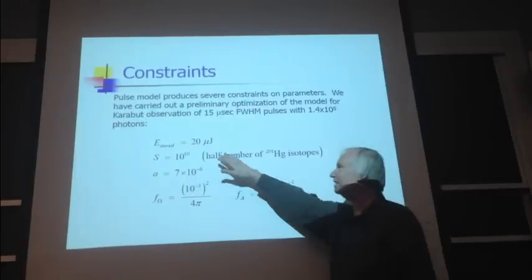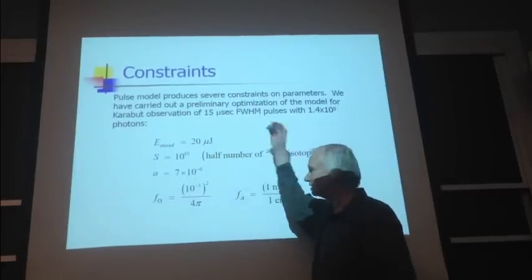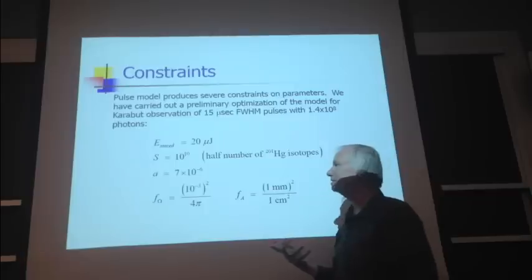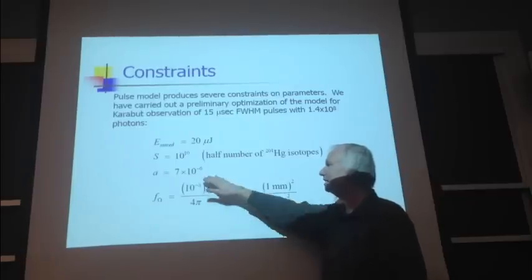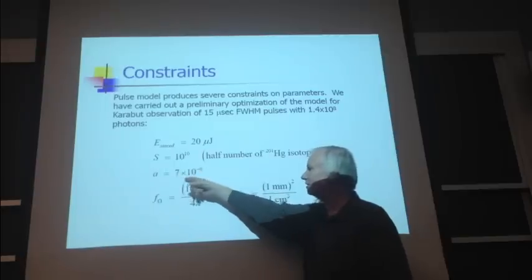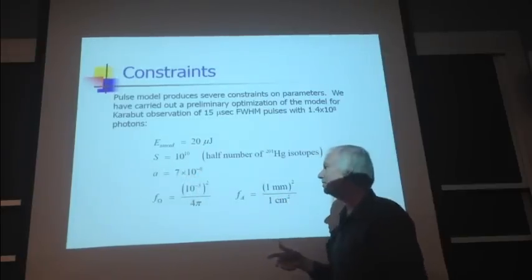The number I get from the energy stored is smack dab in the middle of what I'm expecting experimentally. The Dicke number is smack on where I'd like to see. And this is an independent test, the last one, giving me a value that's consistent with what I was expecting. And if you go just a little bit up, a little bit down, you can't get any agreement at all with these pulses.